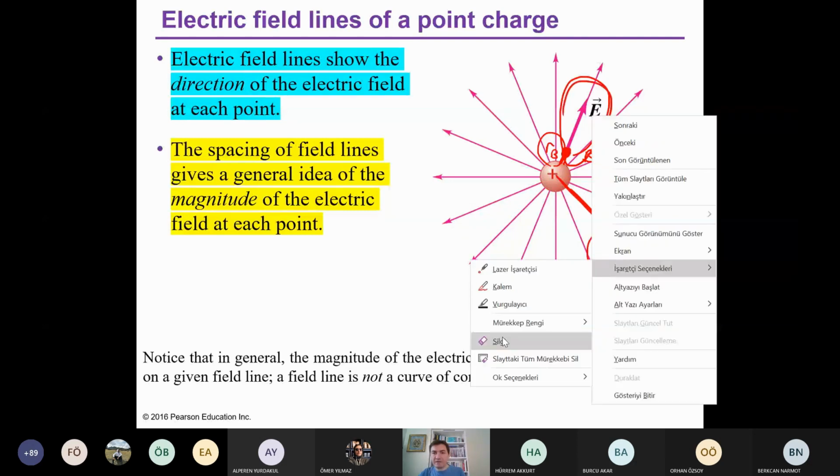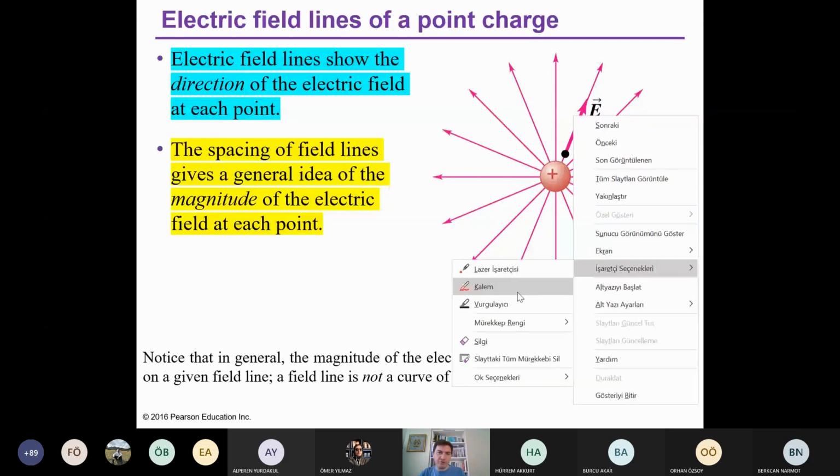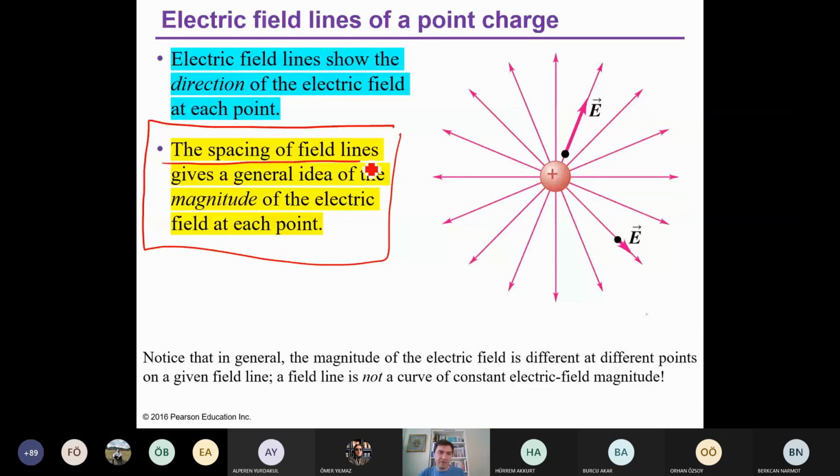Here there is another important piece of information which I have shown with this yellow color. The spacing of field lines gives a general idea of the magnitude of the electric field at each point. So just choose a 1 centimeter area here, and just choose a 1 centimeter area here.